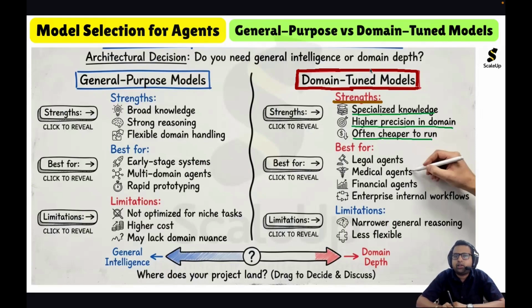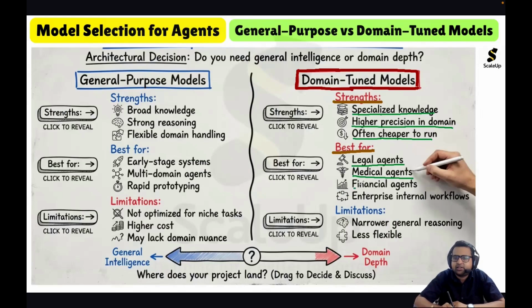Now, if we look at the use cases, domain tuned models can be used for building legal agents. Legal agents will focus only on legal domain knowledge, and they will be very precise in handling legal scenarios. Medical agents will be specialized in the medical domain.